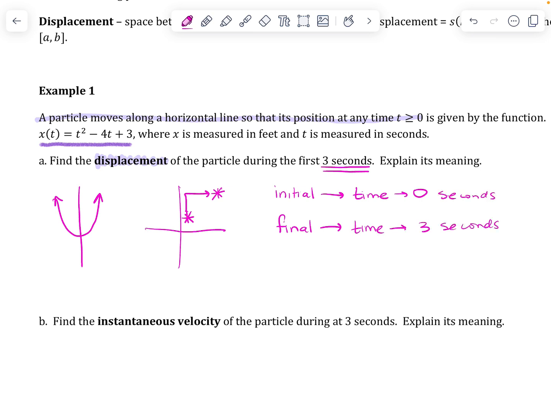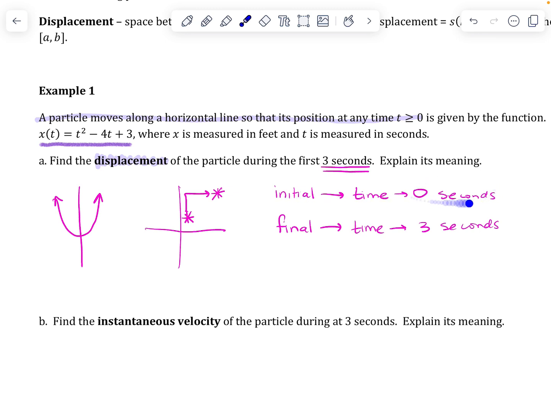So if I need to find the displacement during the first 3 seconds, I need to find the height at 0 seconds, the starting height, and then the final height or final position. I shouldn't say height because we're talking about the x-axis, but whatever. We go to 3 seconds. So how do I find where this particle lives at 0 seconds?